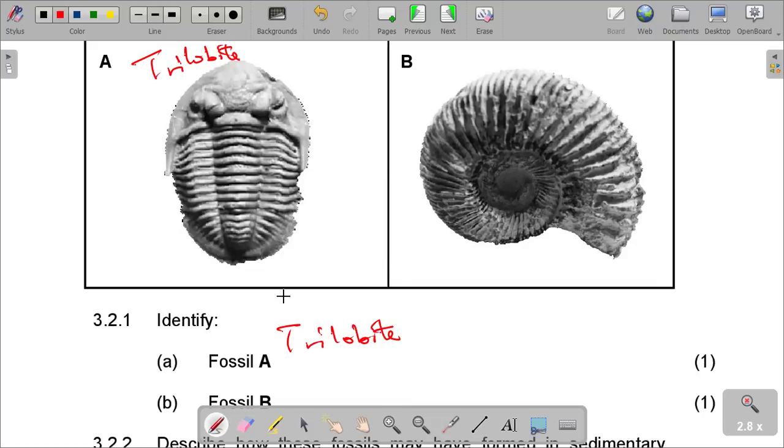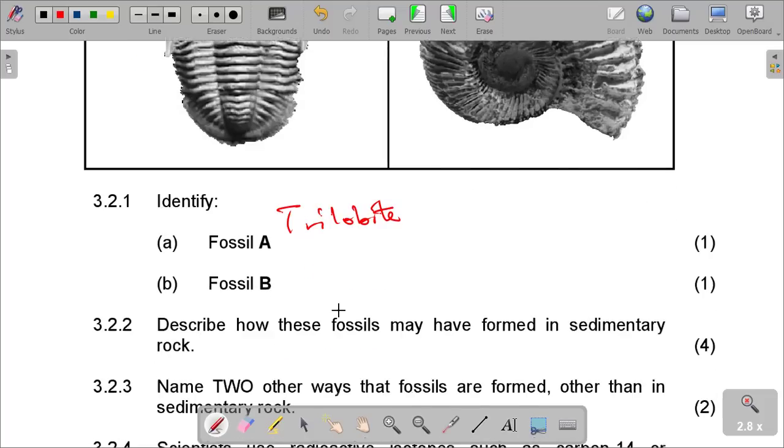And then B, obviously B is an ammonite. We can agree, and we can quickly move on.